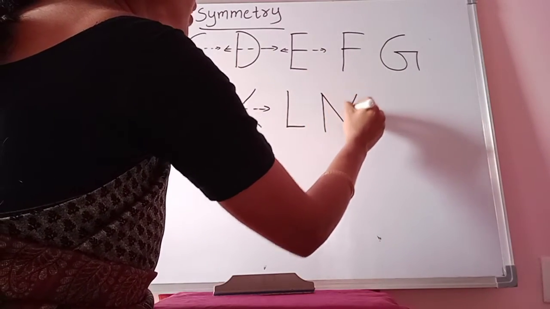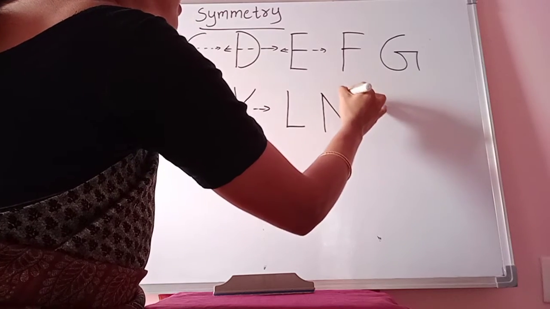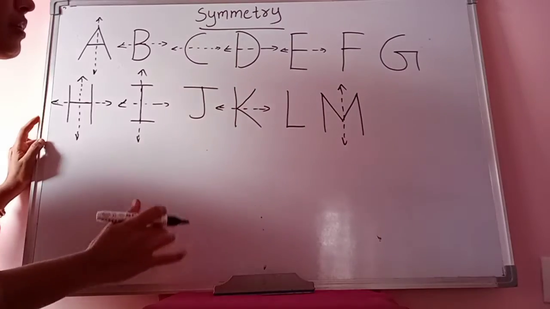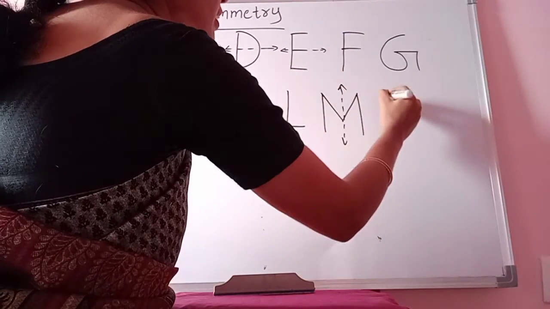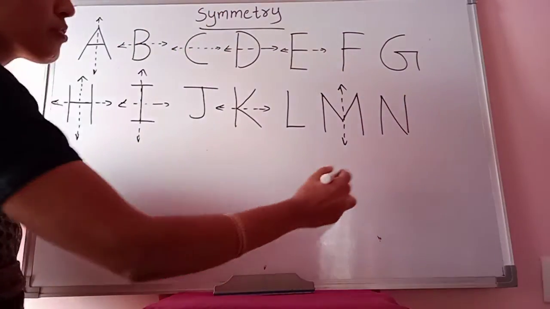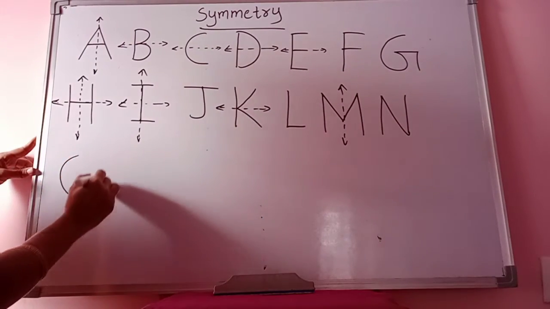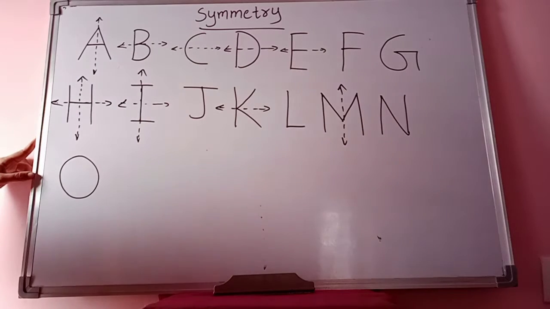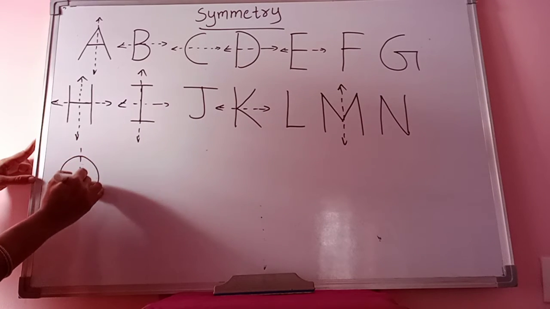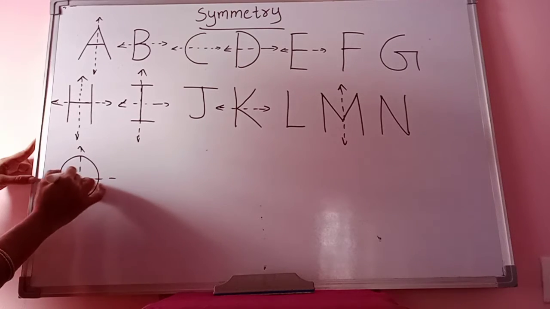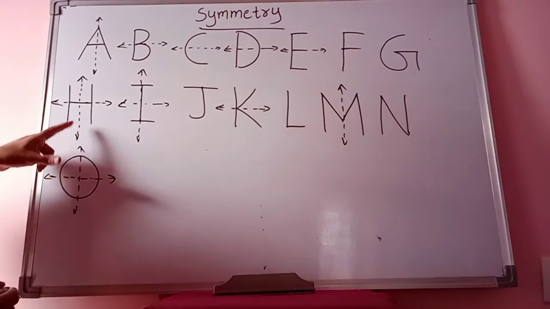Letter M has a vertical line of symmetry. One symmetry it has, that is vertical. Again, letter N does not have any lines of symmetry. In the case of letter O, it has horizontal, vertical also. This is horizontal, this is vertical.